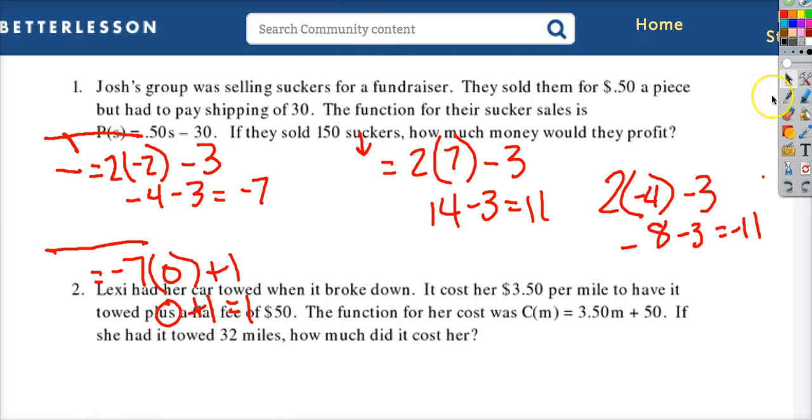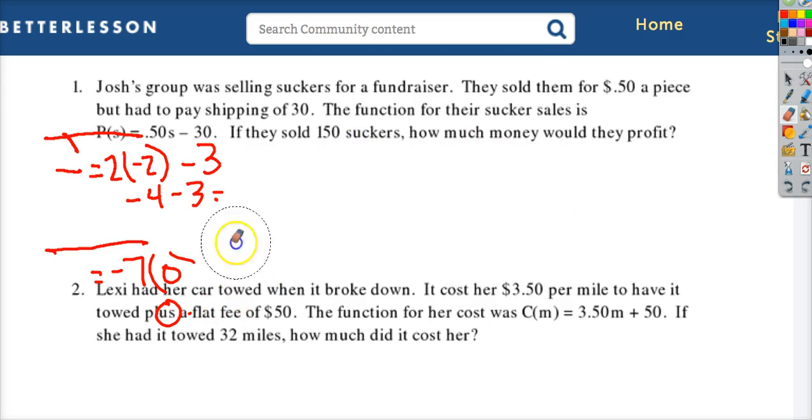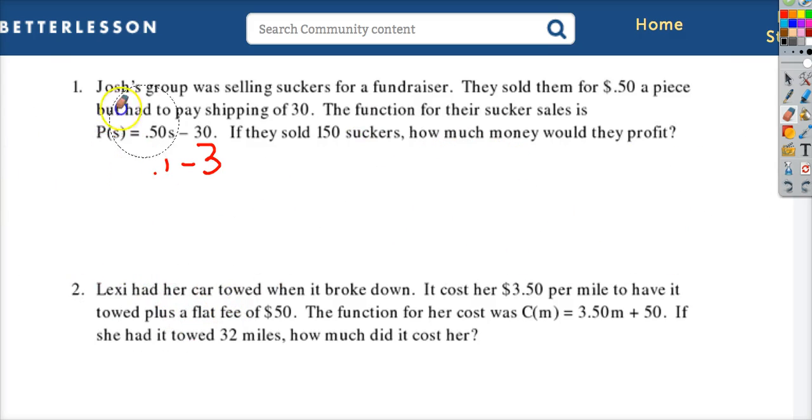Okay, why do we use this? Why do we use function notation? It's just a different way to use it, and it's also a quick way to write context. What is context? Context is meaning. Context is what do I mean? If you hear something says y equals 2x, what does that mean?